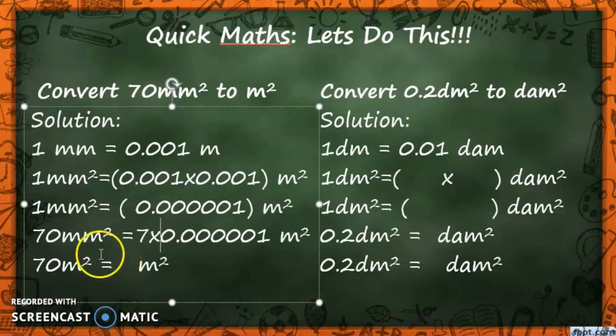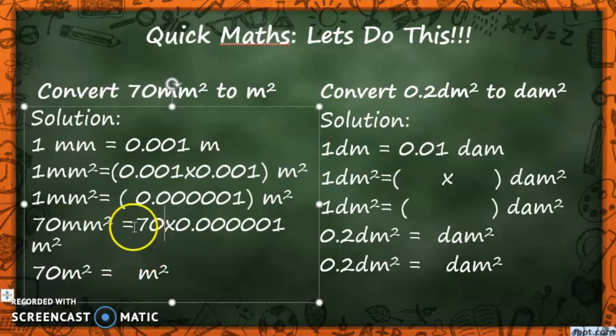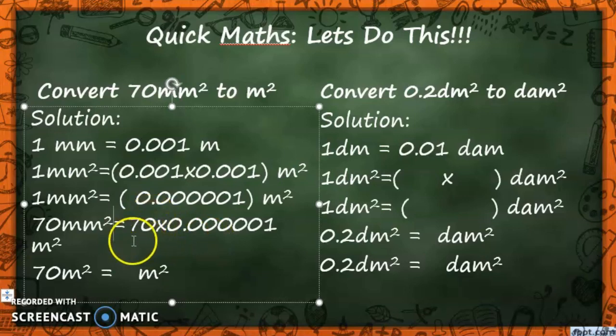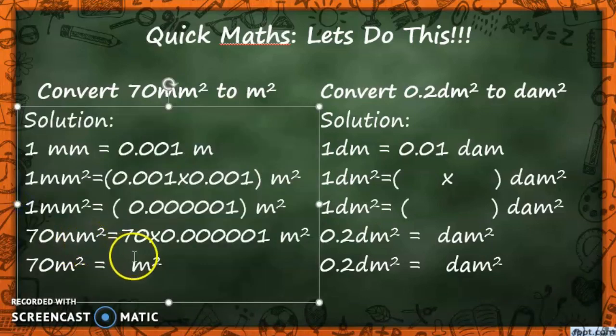But remember, this is 70, not 7. So we simply ensure to check our responses carefully. Alright? So then, the answer would be 0.00007.